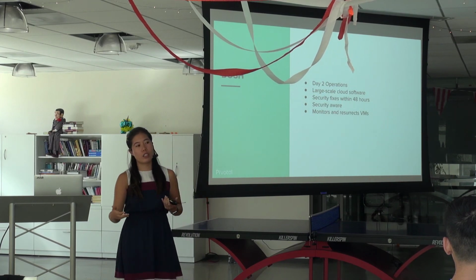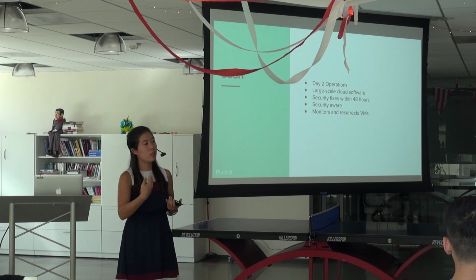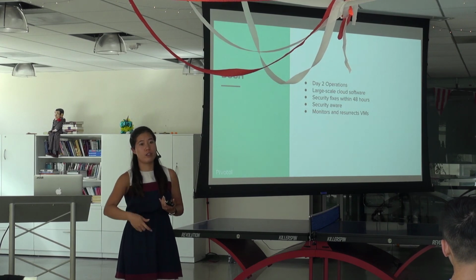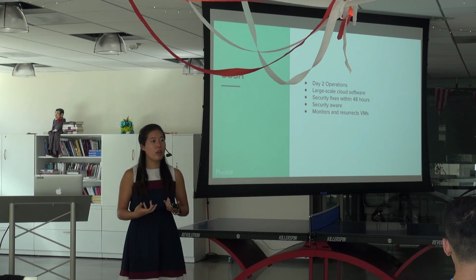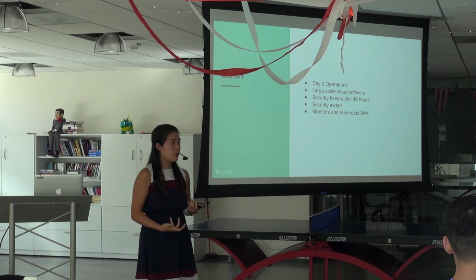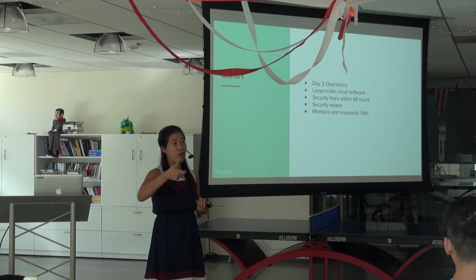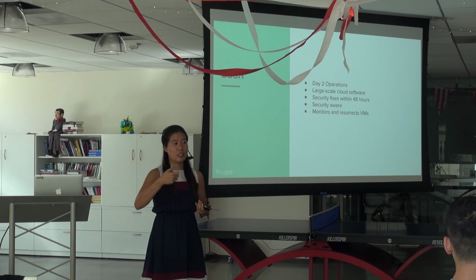It will monitor the state of the world. It will see, hey, do all the VMs that I think I've created still exist? Are they still happy? Are they still healthy? And if they're not, there's a feature called the VM Resurrector that will go in and resurrect that VM to make it a healthy state of the world.